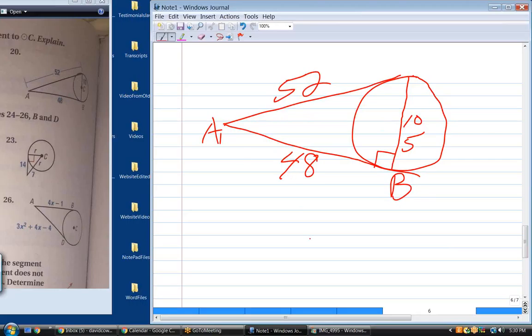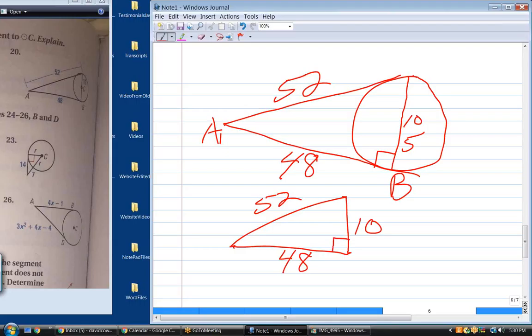This triangle, the whole triangle, where this is side 52, this is side 48, and this is side 10. You see what I'm looking at? Yeah. If that is a right angle, then AB is tangent to the circle. So, for that to be a right angle, we have to have 52 squared equals 10 squared plus 48 squared.